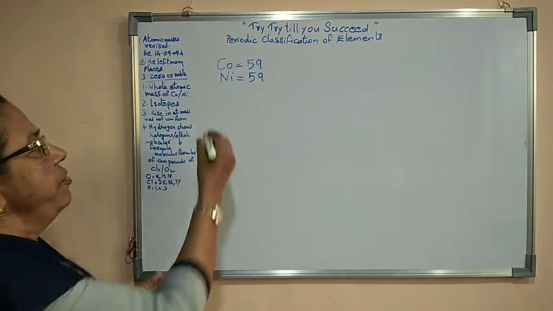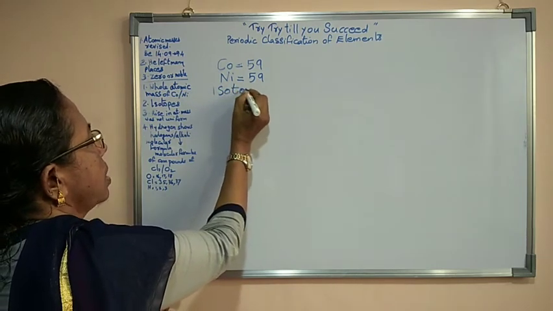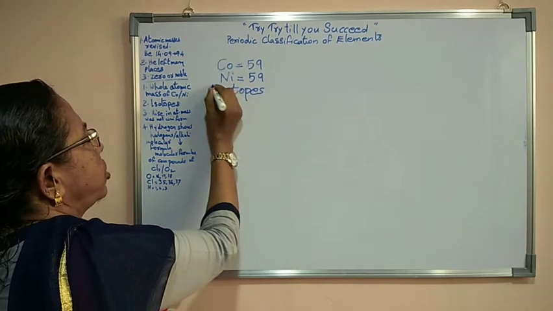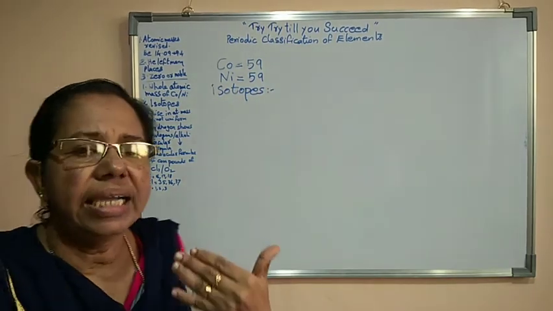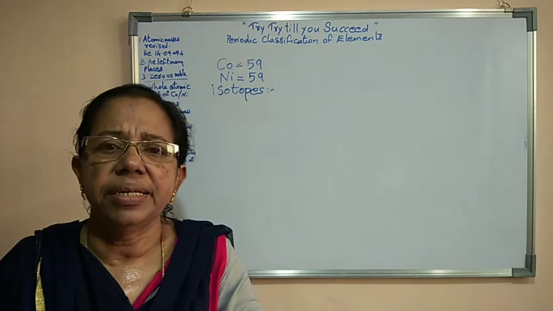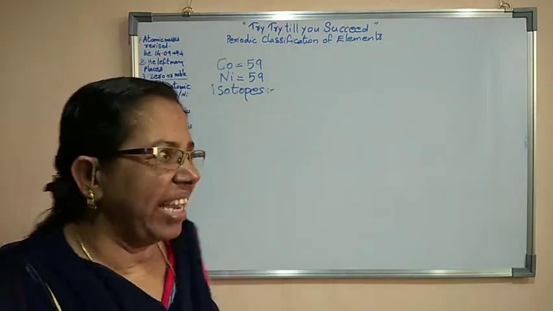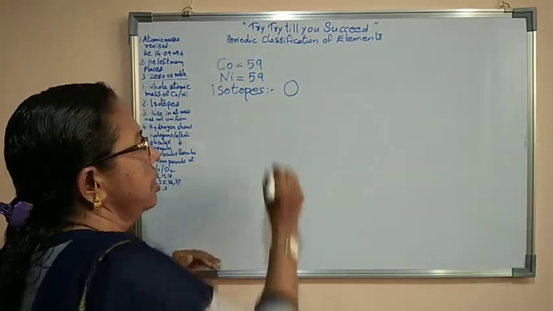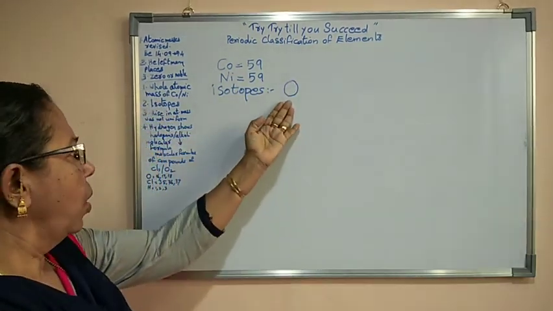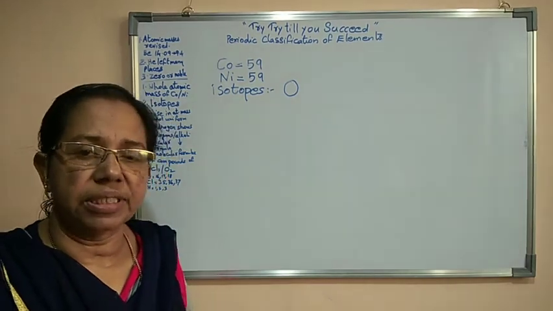The second point is about isotopes. Now, what are isotopes? Isotopes are present in each and every element. Suppose we are studying oxygen, its symbol is O. It has many isotopes.